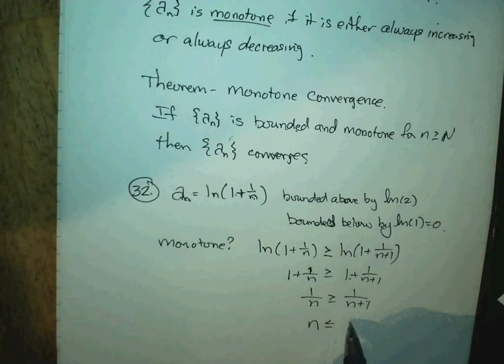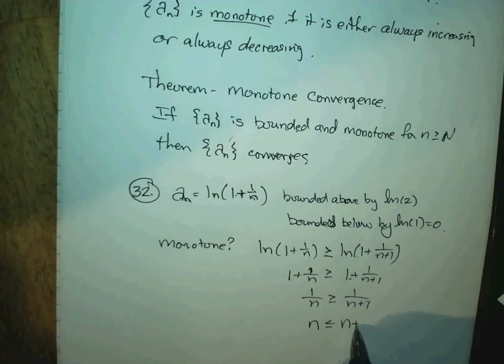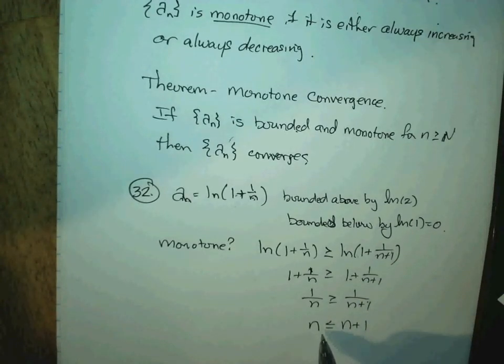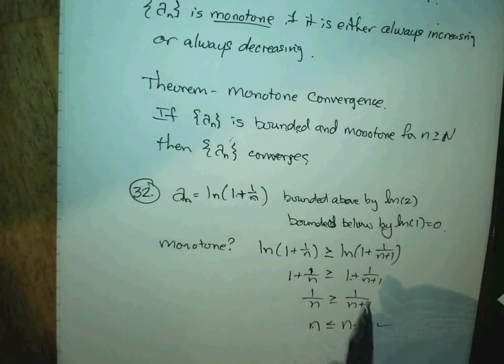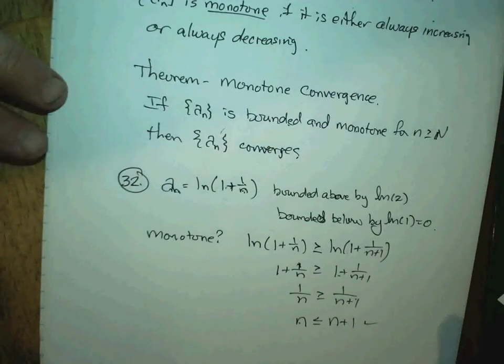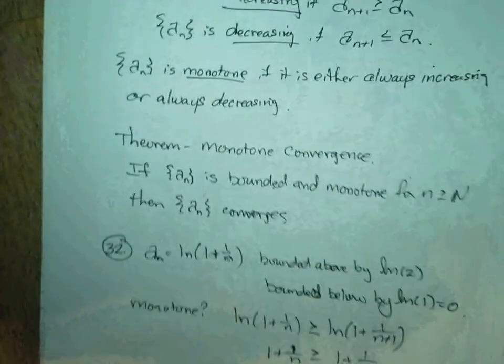How do we know that? Well, if you simply flip both sides of the inequality, 1 over n flips to n. When you flip the sides, you have to flip the inequality. 1 over n plus 1 flips to n plus 1. And it's pretty easy to see that n plus 1 is bigger than n, right? So you've proven that this inequality holds for all values of n that are under consideration here.